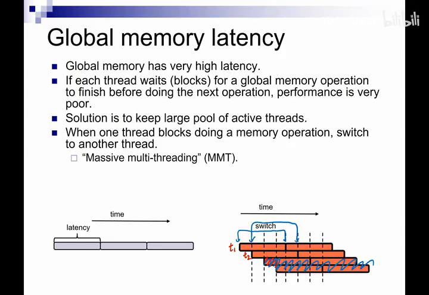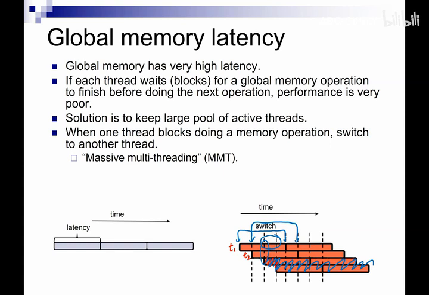But now T1 and T2 are both waiting, and at this third time point, if we only have 2 threads, then we have nobody else to switch to. So we would have to wait for these two cycles where nothing's happening until T1's memory operation finishes.